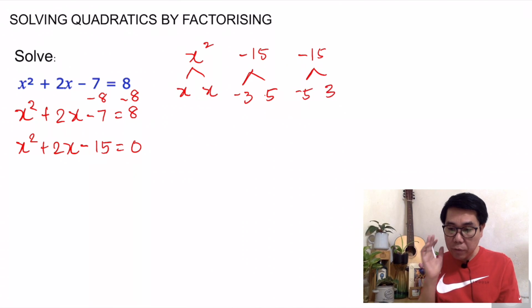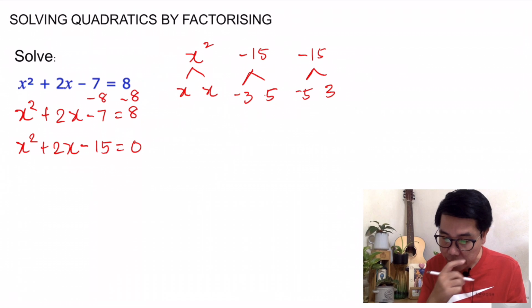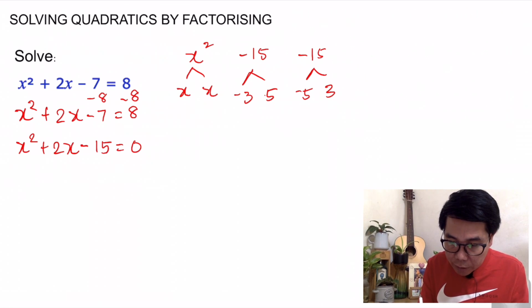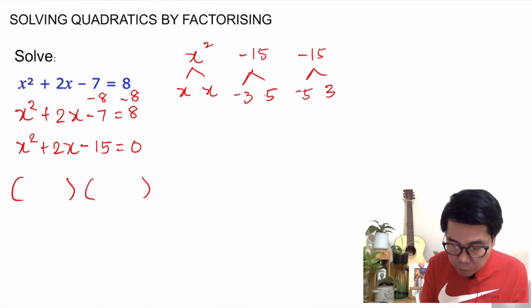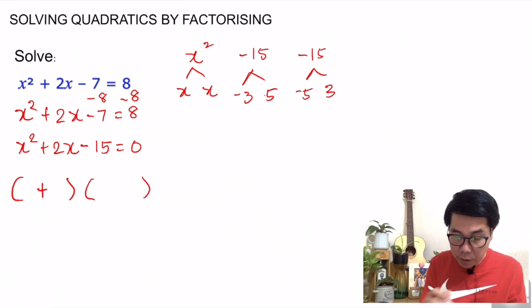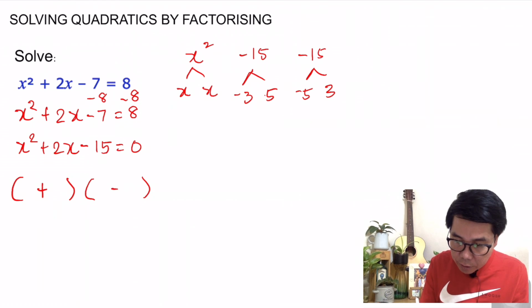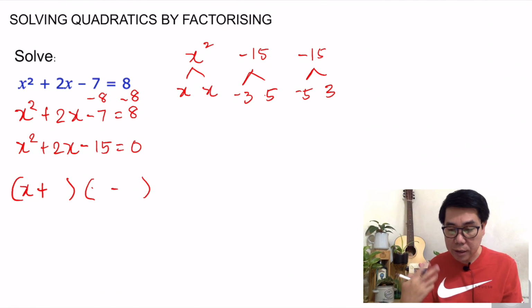Since this is negative 15, it is understood that one of them is positive and the other one is negative. So this one now is x and x. x times x is x squared.